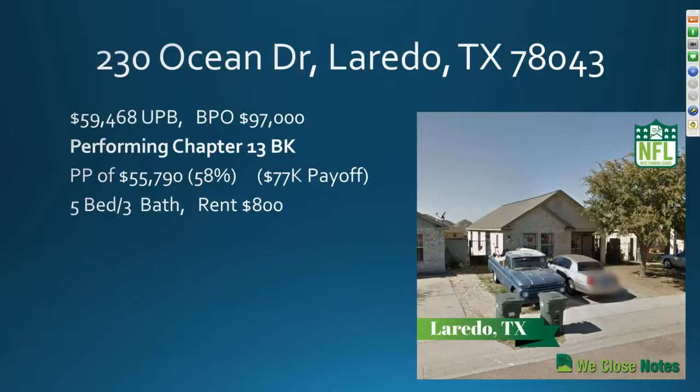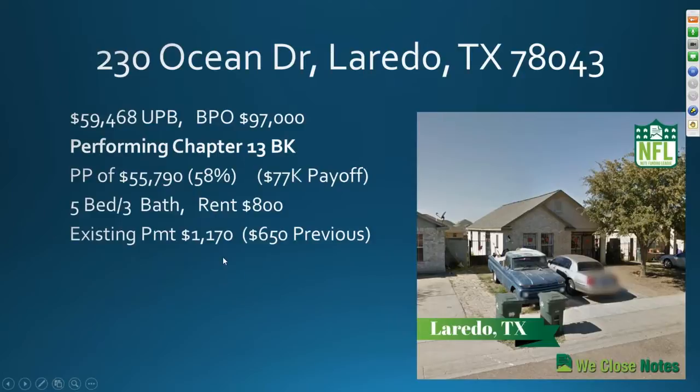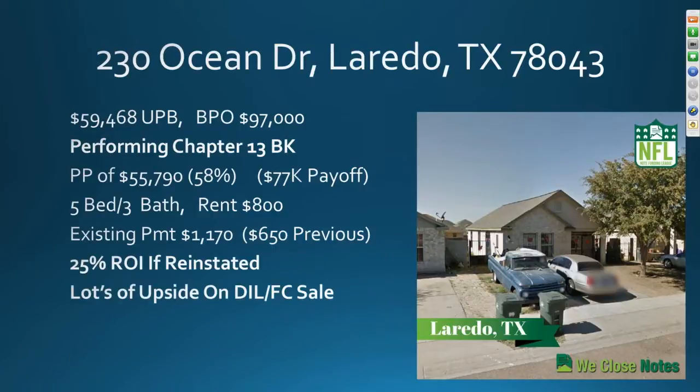It's a 5-bedroom, 3-bath, $800 a month. Existing payment is $1,170, which is what they are paying on a BK Chapter 13. The previous monthly amount was $650, so they're making almost a double payment to stay in the property in this BK Chapter 13. Based on that $1,170 payment, it's basically a 25% ROI if you keep those payments going to keep them rocking and rolling.